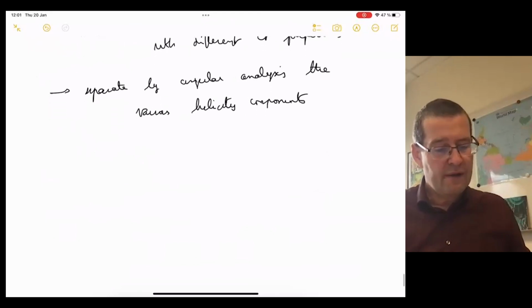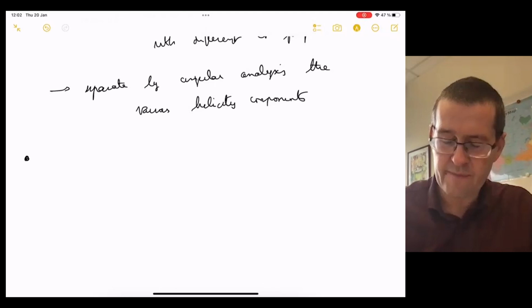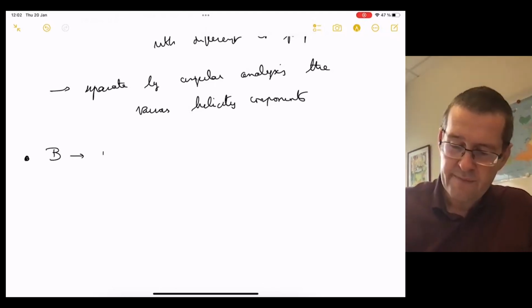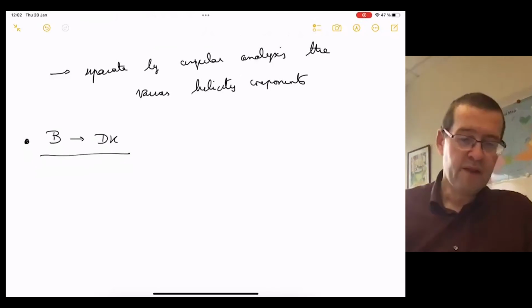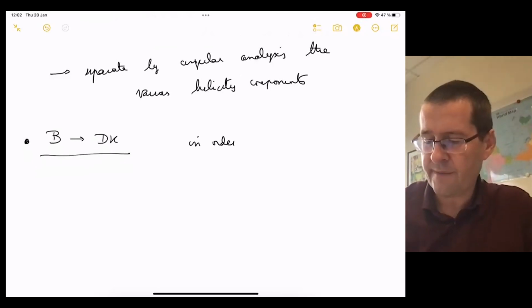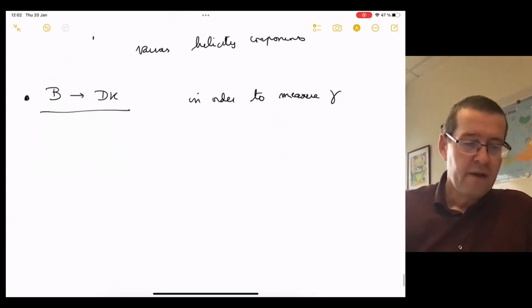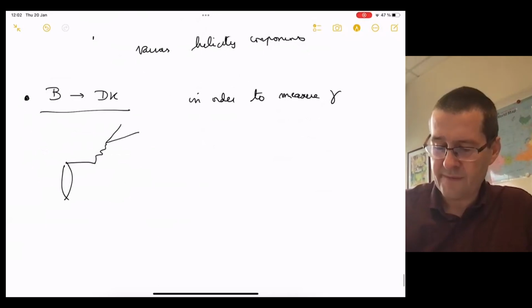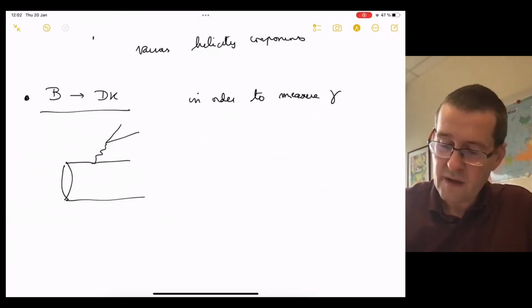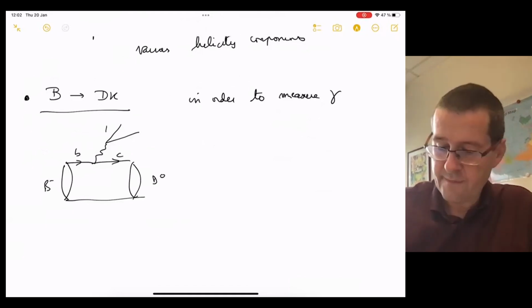Okay, I will be very short for the two other possibilities. So just to say that you have the possibility to use B to DK decay in order to measure gamma. The idea is that you're looking this time at the interference between tree-level transitions.